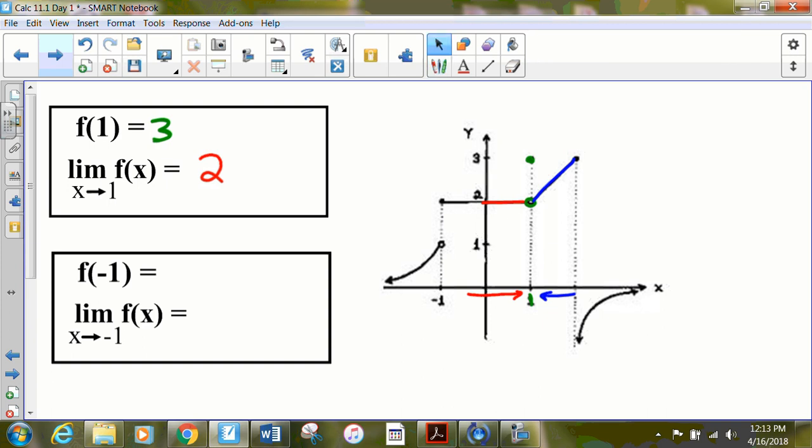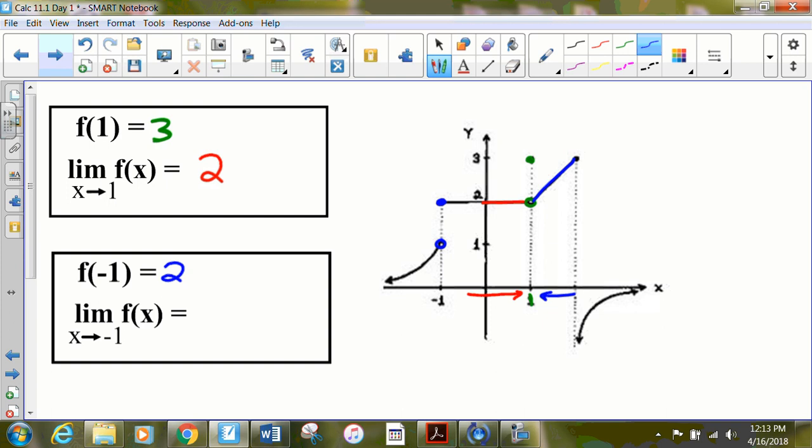All right, same thing. f of -1 means what's the value of y when x is equal to -1. When x is equal to -1, there's an open circle here, that's not a value, but there's a closed dot here that is a value. So when x is equal to -1, y is equal to 2. But now let's talk about the limit.